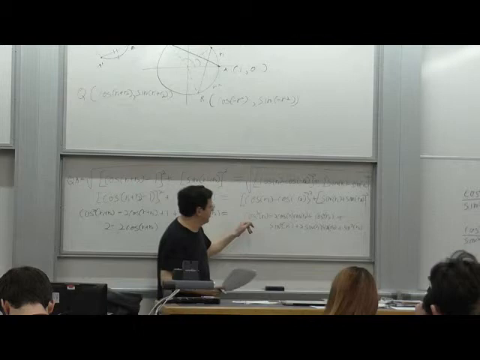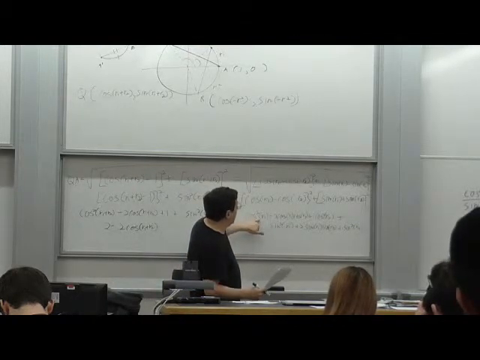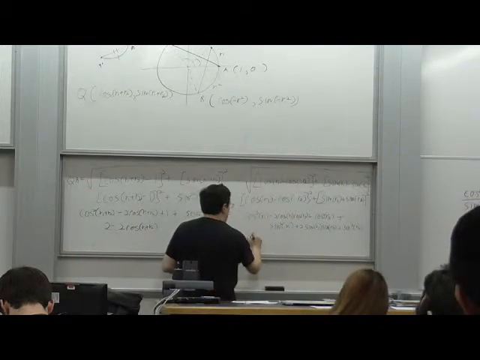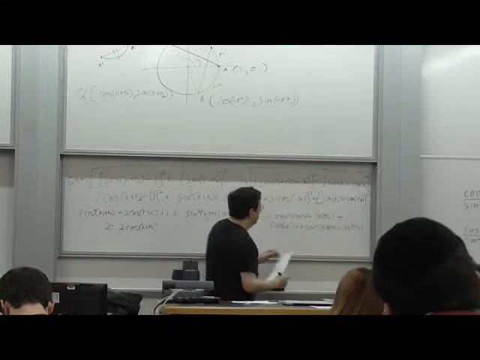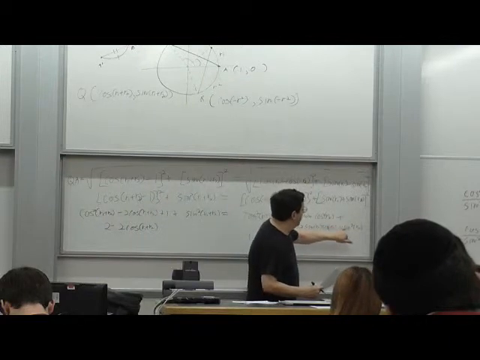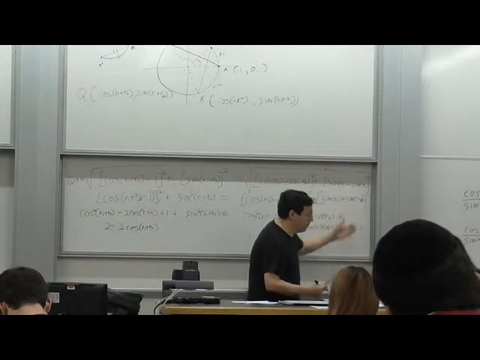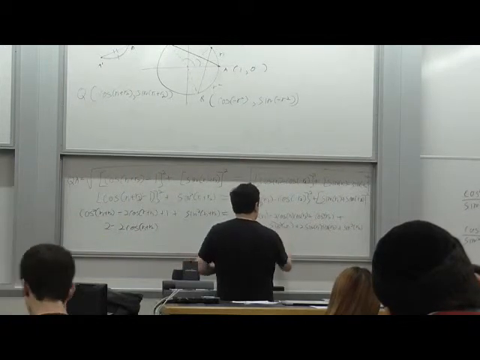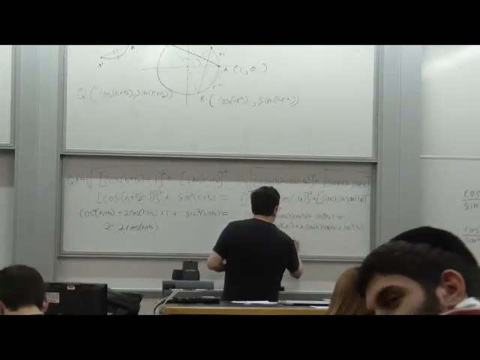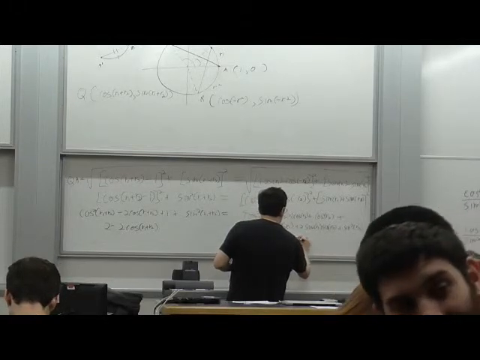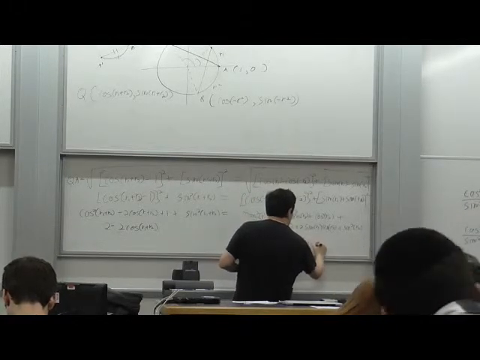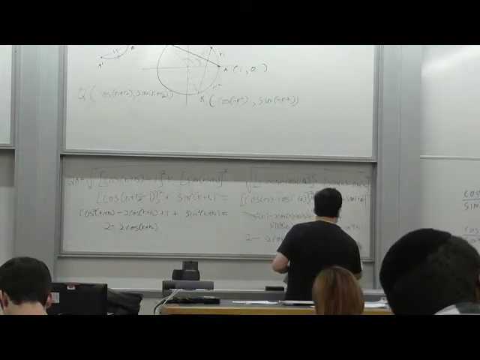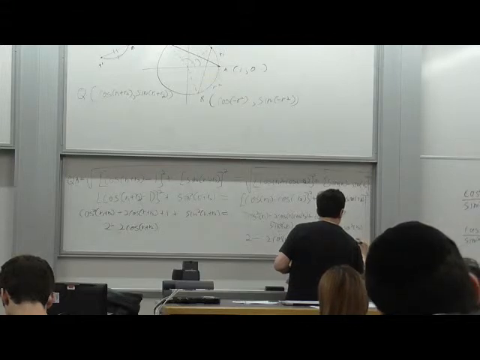We're going to look for something to simplify here. Cosine squared R1, sine squared R1, that's just 1. Cosine squared R2, sine squared R2, that's just 1. Minus 2 times cosine R1 cosine R2 plus sine R1 sine R2.